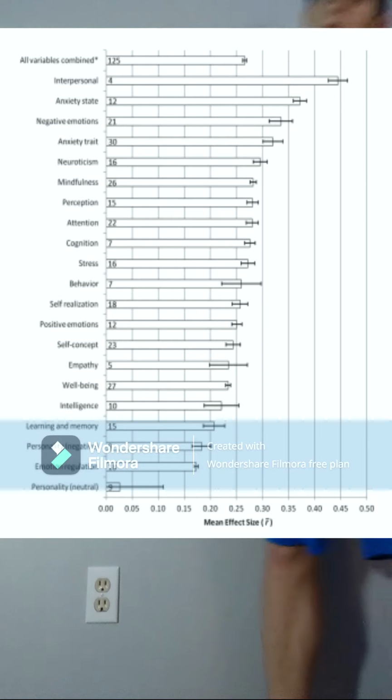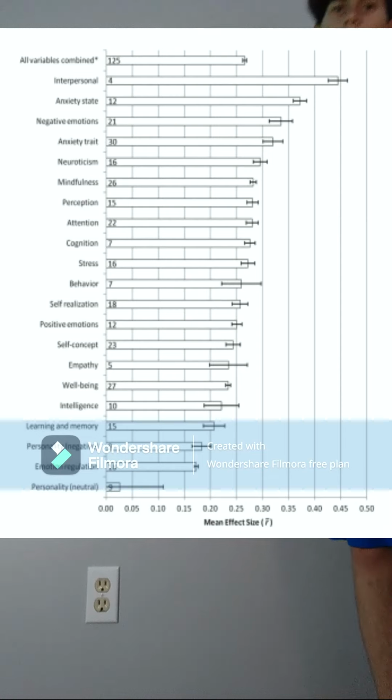Here is my chart. You're all probably very confused by the stuff on it, and I shall be explaining it. So what this chart shows is the weighted mean effect size, which is basically, the bigger the number on this chart and bar, the stronger the relationship is between the two variables, which is meditation and all of these different things.